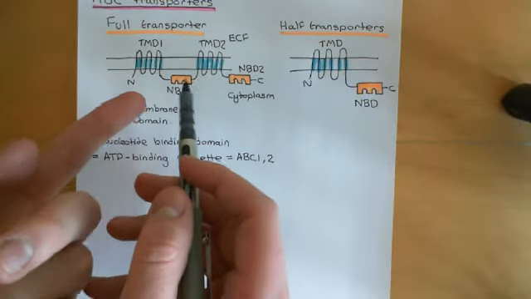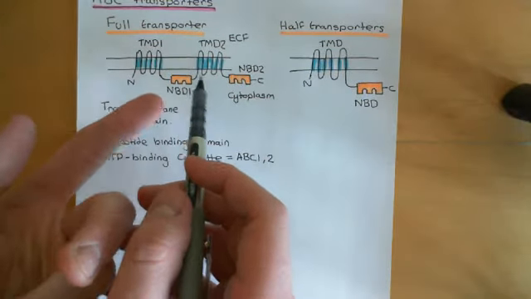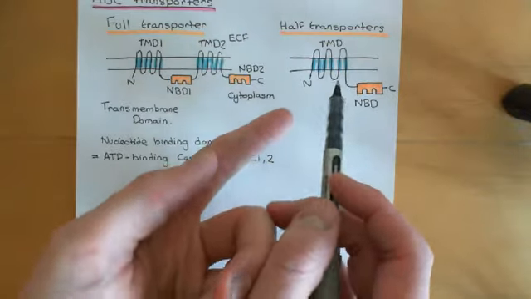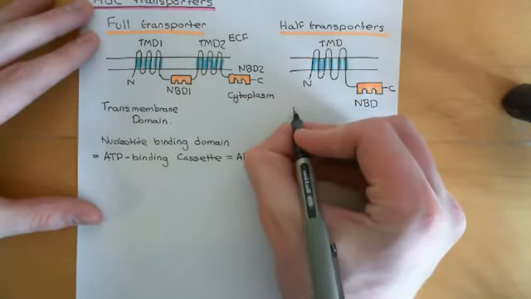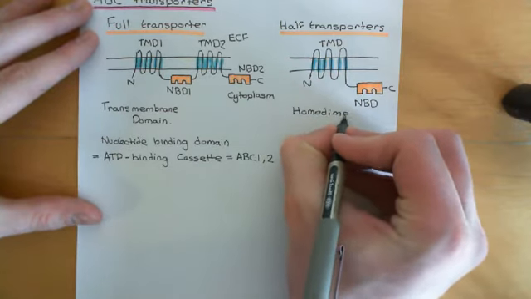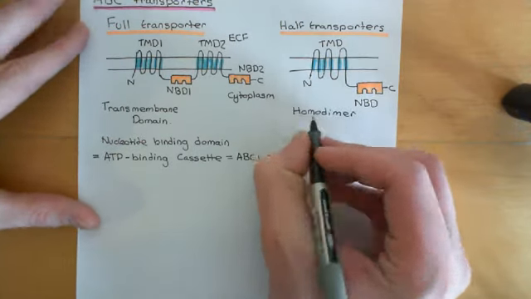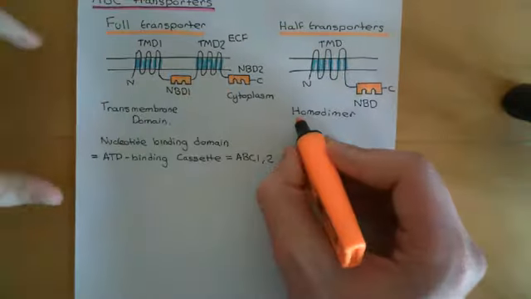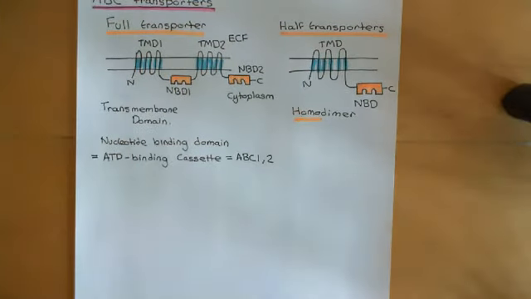This is functional on its own as a primary active transporter, this is not. This has to dimerize into what's known as a homodimer. So it has to get together with another protein that is the same as it. That's what homo means, it means the same. And then that dimeric complex is a functional primary active transporter.